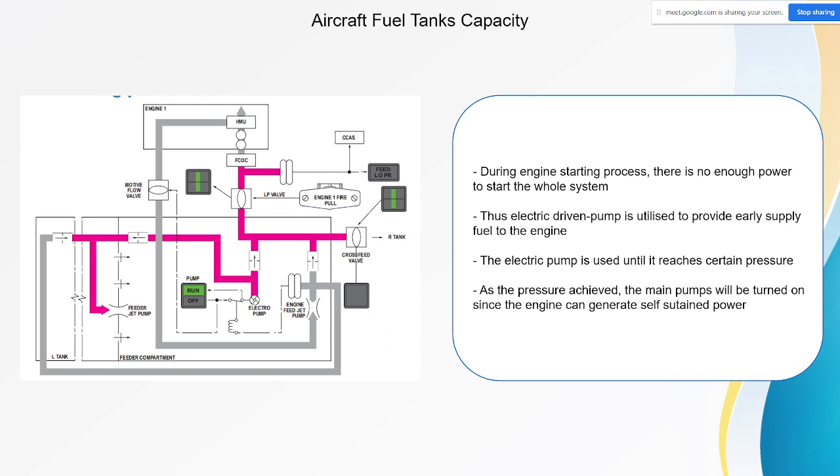Okay, there's one thing missing from your presentation. Because refueling is very volatile, the risk of fire is there, right? So there are a lot of warnings during refueling. I think we give you this to study: what are the warnings or cautions during refueling, what to be done, what not to be done, all these things.